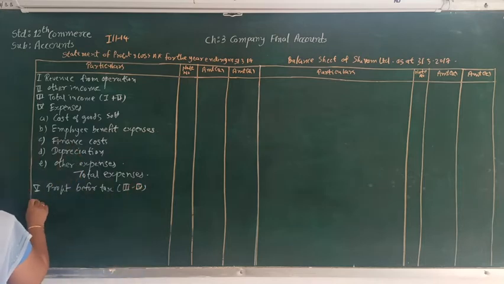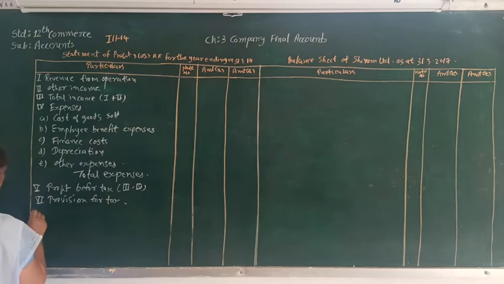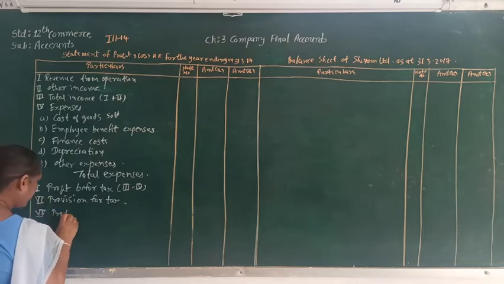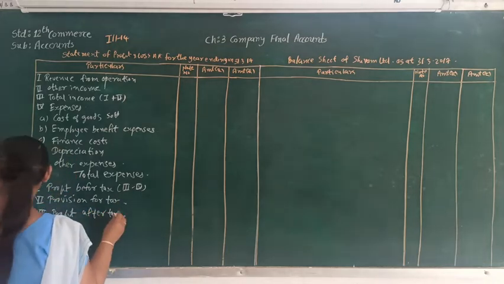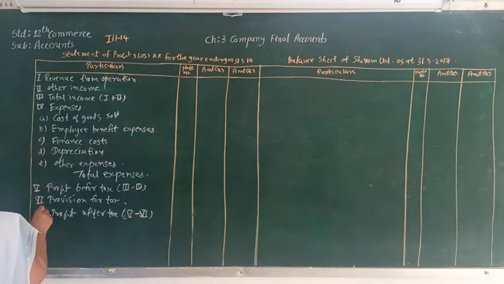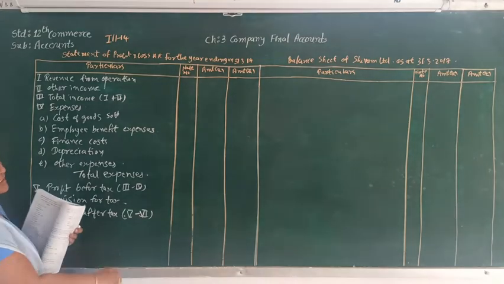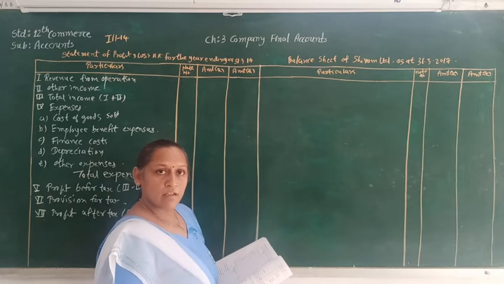After that the next heading is provision for tax, and the last one is profit after tax, where if from 5th we deduct 6, we will reach the 7th. So these are the main heads. Here we are going to get the profit after tax, and this is supposed to be transferred to the balance sheet in the reserve and surplus head.